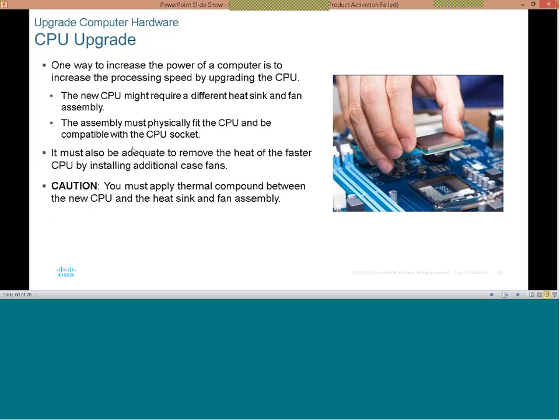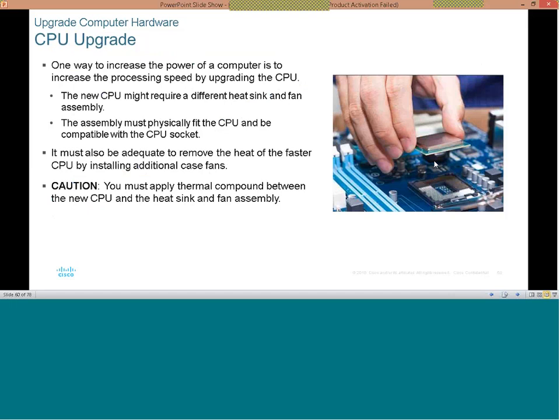So here we're looking at the CPU upgrade. One way to increase the power of a computer is to increase the processing speed by upgrading the CPU. The new CPU might require different heatsink and fan assemblies. So all this you have to look out for. Here in this picture you can see what a typical CPU looks like. When I ask some folks what a CPU is, they point at a desktop system.